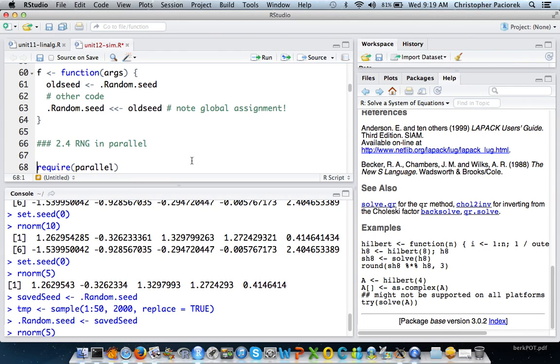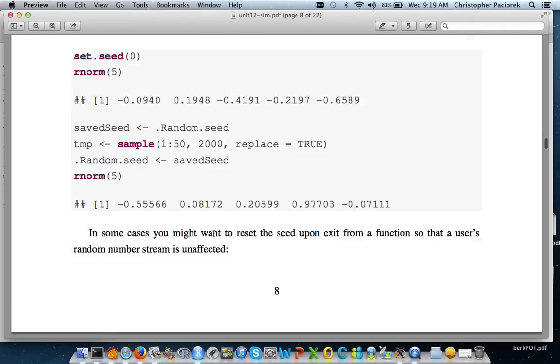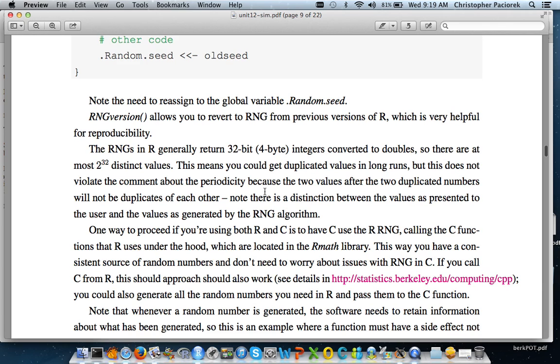The other thing I'll mention is that I have this point made here that based on how R is doing the calculations behind the scenes, for example with the Mersenne twister where we've got these 32 bits that are representing each random number, we only have 2 to the 32 distinct values that we're going to be generating from when we're generating our random uniforms.